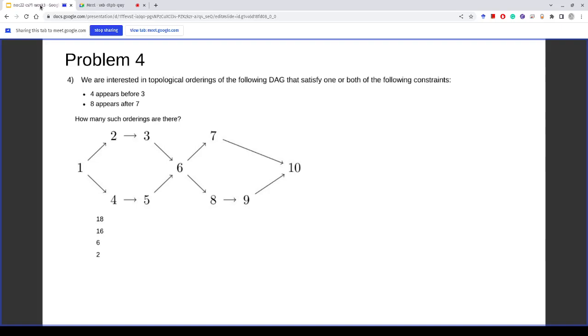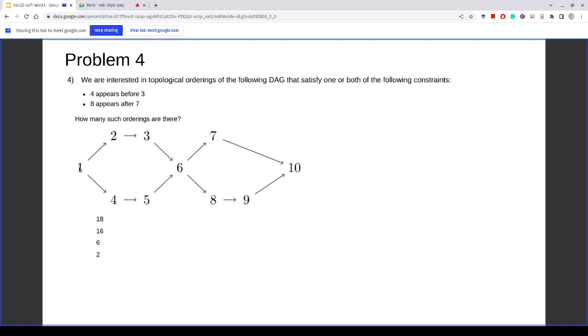Okay, this is an interesting question, and it's actually fun to solve. What you are given is a directed acyclic graph, and you have to do a topological ordering of this graph. I hope you know what a directed acyclic graph is and what its topological ordering is.